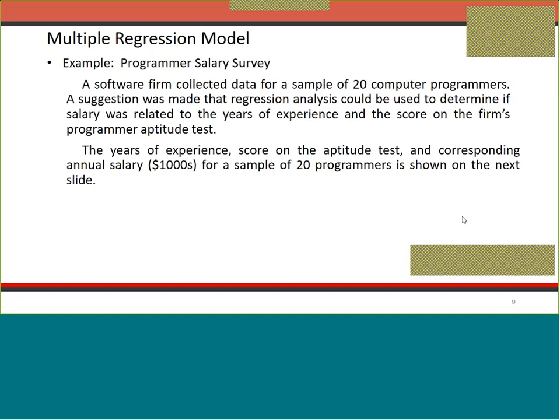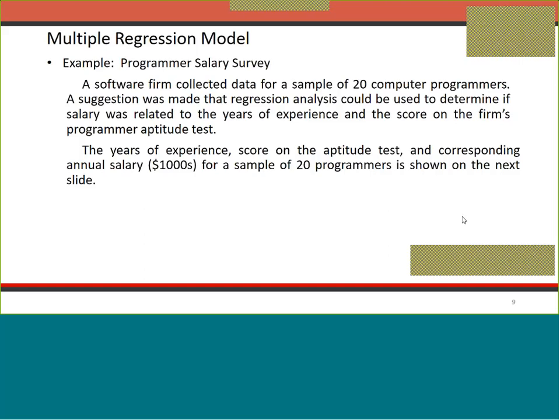A software firm collected data for a sample of 20 computer programmers. A suggestion was made that regression analysis could be used to determine how salary was related to the years of experience and score on the firm's programmer aptitude test. Obviously salary is the dependent variable, and years of experience and score are independent variables.